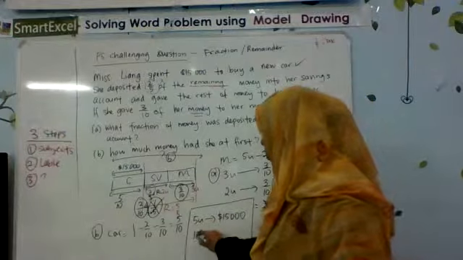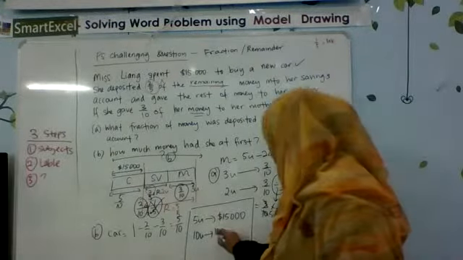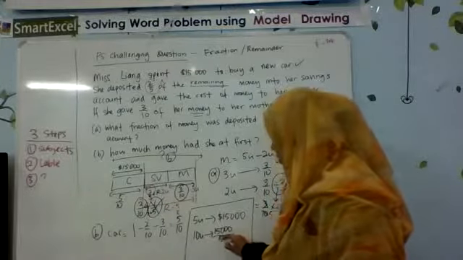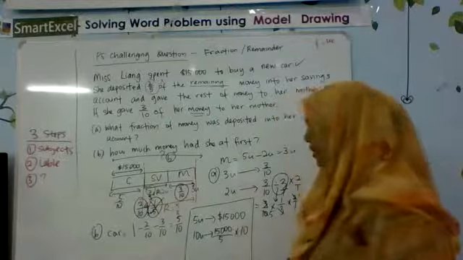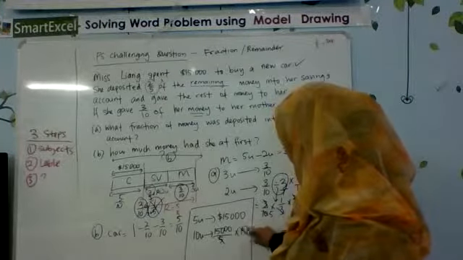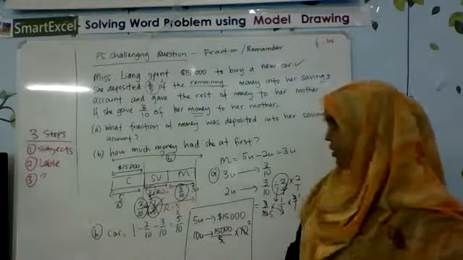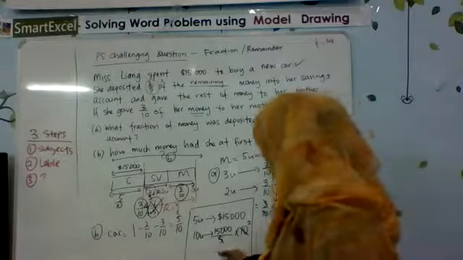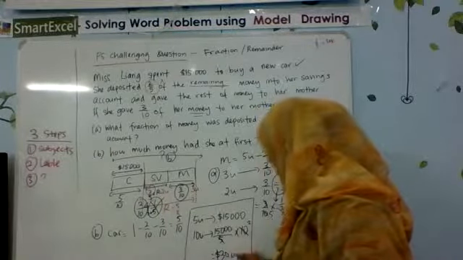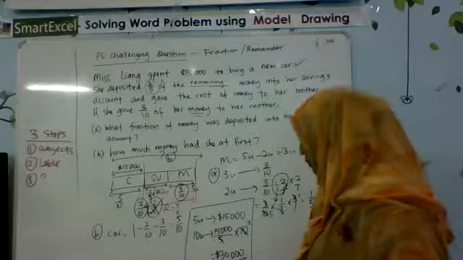So 15,000 divided by 5 is 1 unit, multiplied by 10. You can cancel this, and this is 2. So 2 times 15 is 30, and with the zeros, 30,000. So this is your answer for B.